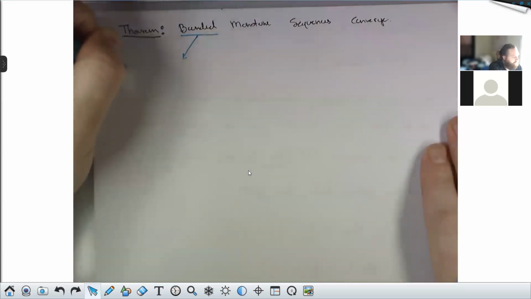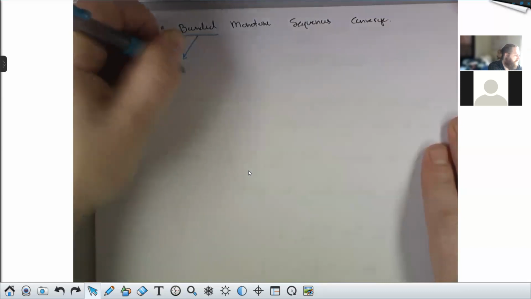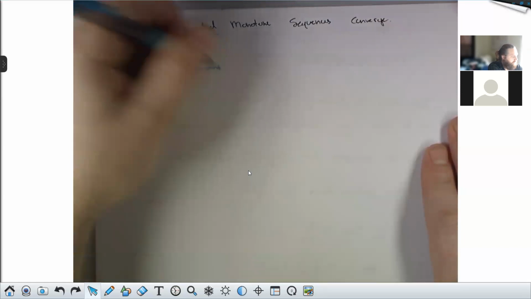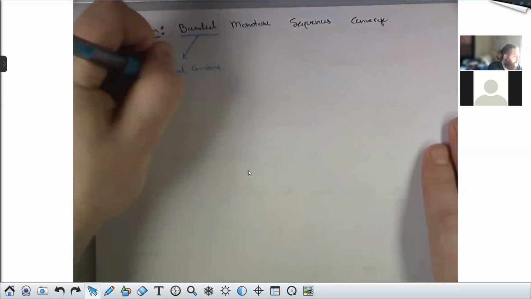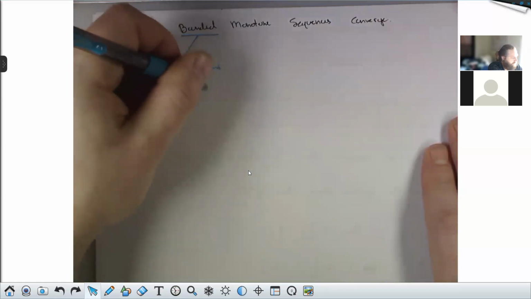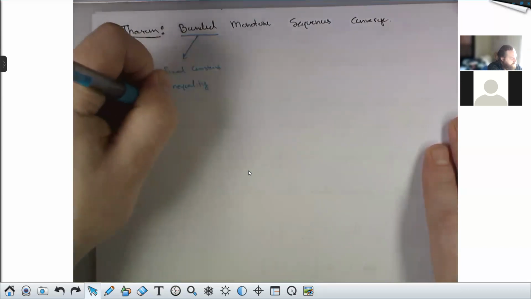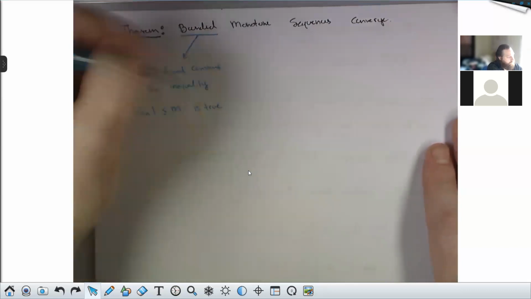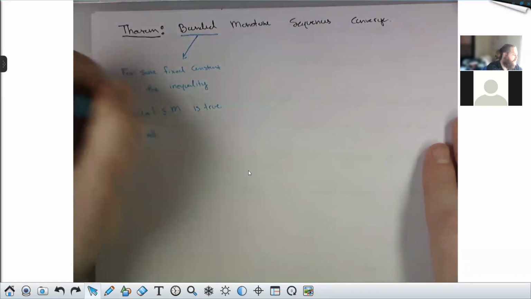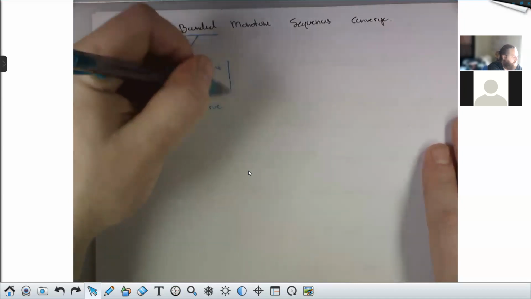And for a sequence, what this means is that for some number, some fixed constant m, the inequality absolute value of a_n is less than or equal to m is true for all numbers n. That's what the word bounded means for a sequence.